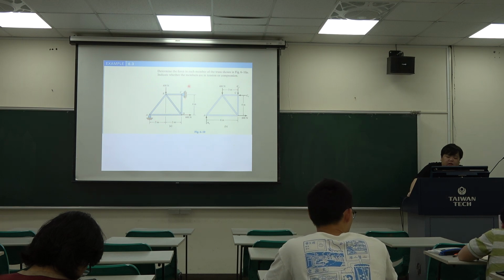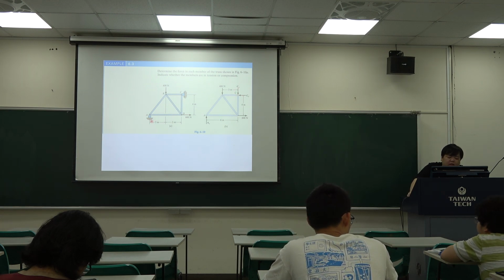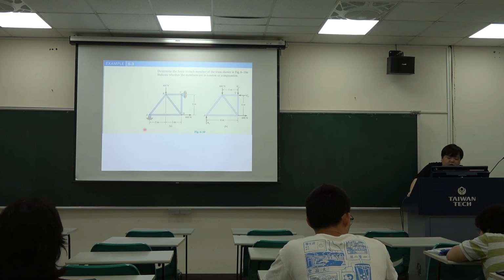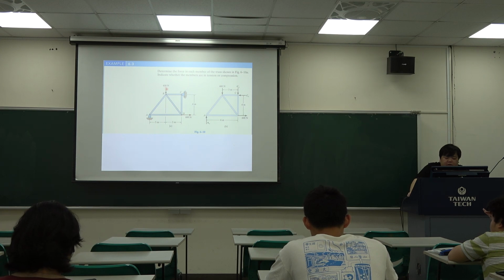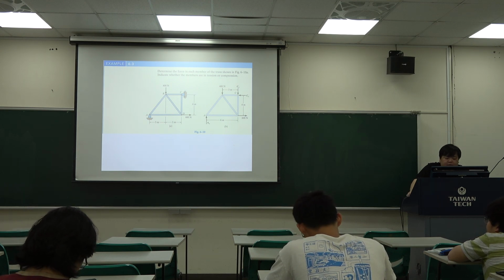At the hinge support, we have reactions in two directions, and at the roller support, we have the perpendicular reaction. And we have two forces put at point B and point D. Okay, so the free body diagram may be like this.